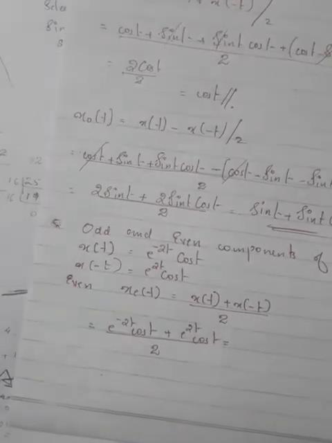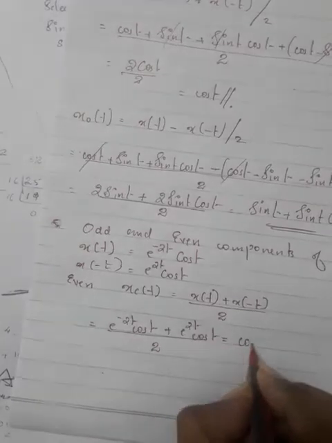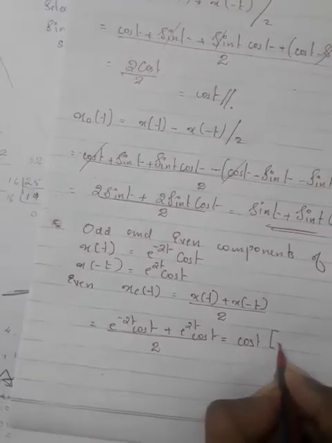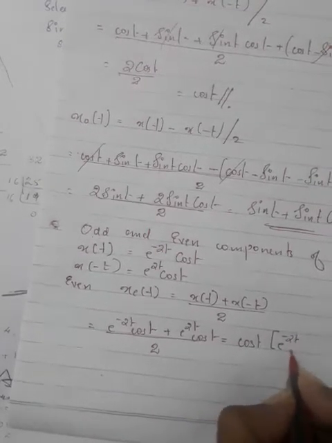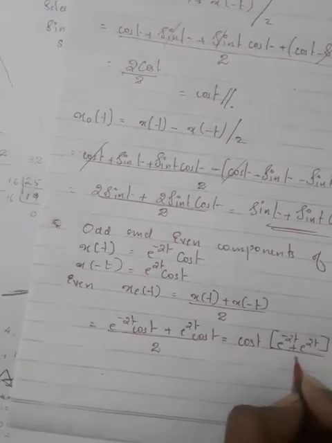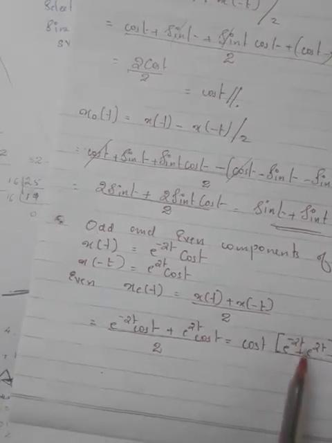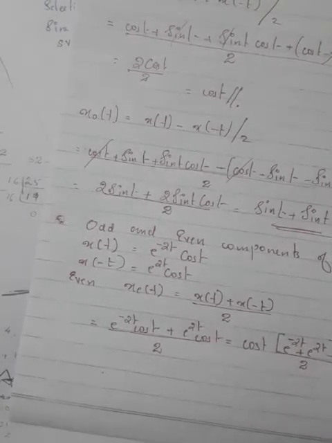We can take cos t as common, cos t into e raised to minus 2t plus e raised to 2t by 2. Now, what is e raised to minus 2t plus e raised to 2t by 2?